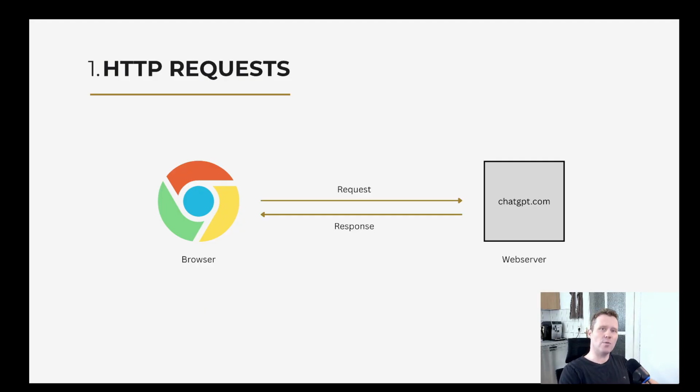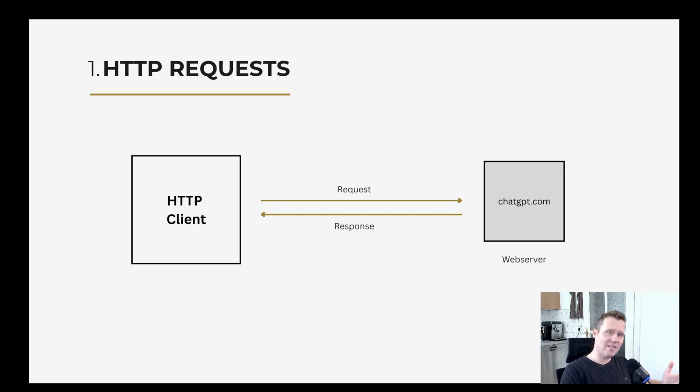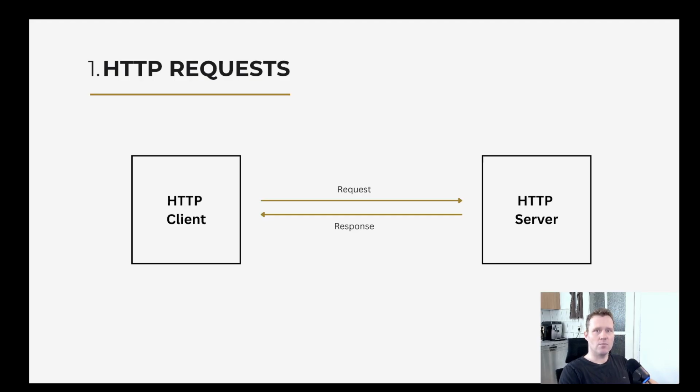And in general, we can say that our browser or Chrome is an HTTP client, and in this case, chatgpt.com is an HTTP server. Okay, so there are many HTTP clients and there are many HTTP servers. And one example that affects us here is N8N.